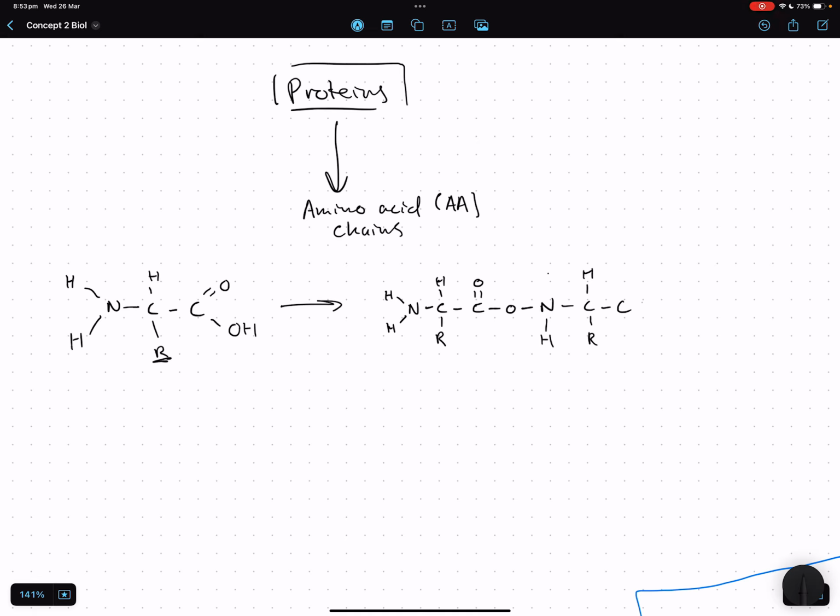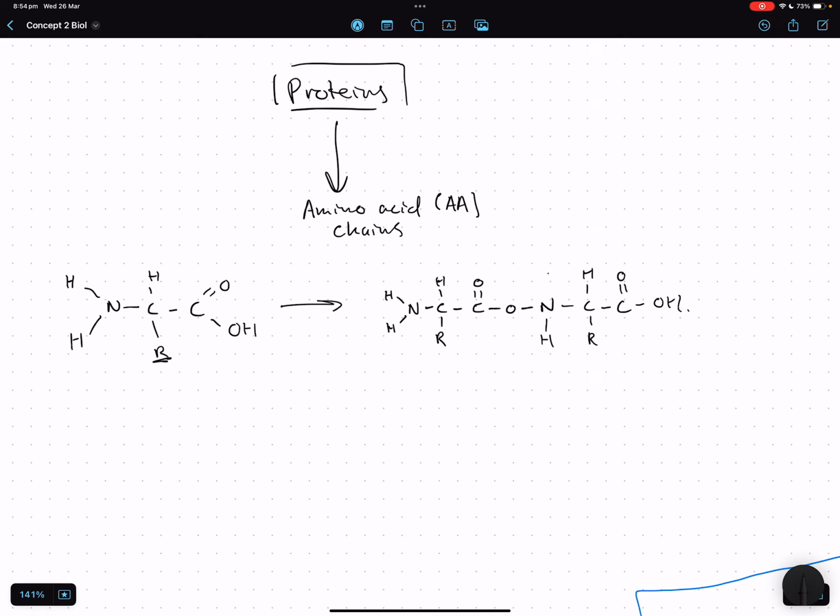This is the nitrogen group, and we'll just put this here, because this is that amide bond that I was talking about. It looks kind of like this. They just join together.